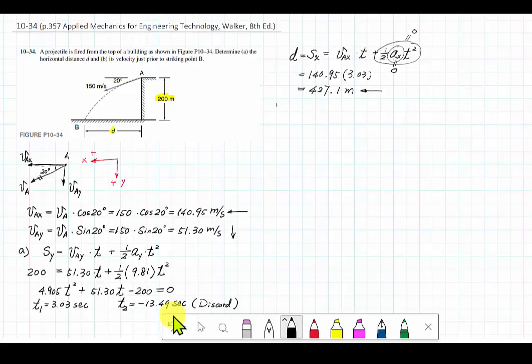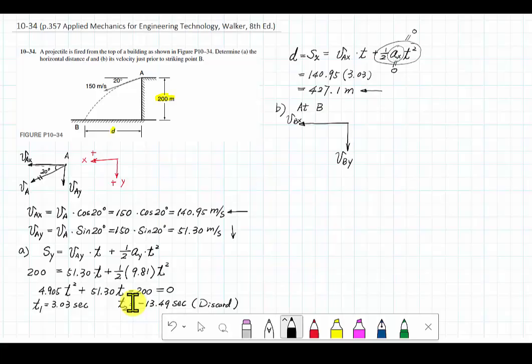Part B here, they're looking for the velocity just before striking point B, which is on the ground. So let's have a look at this again. At point B, before it landed, we should see an x direction velocity, which I'm going to call VBX, and a y direction velocity, which I'm going to call VBY.